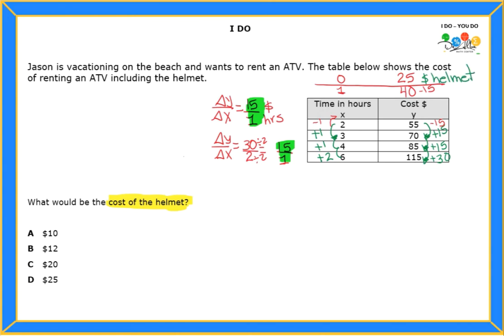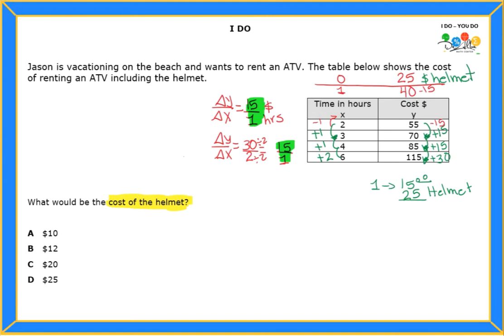After that, every hour you will need to pay how much money? $15. Very good. Is that right? So let's see if we can think about the question over here. So in 1 hour, how much money do you need to pay? $15, right? Plus what? Plus the $25 for the helmet.